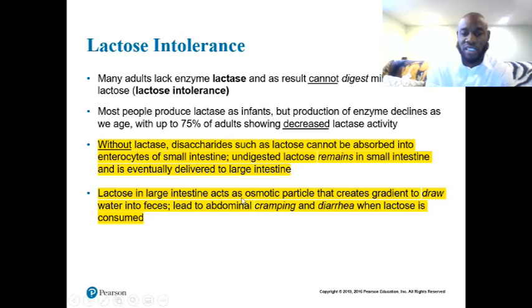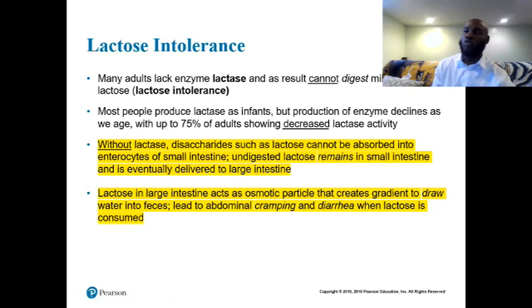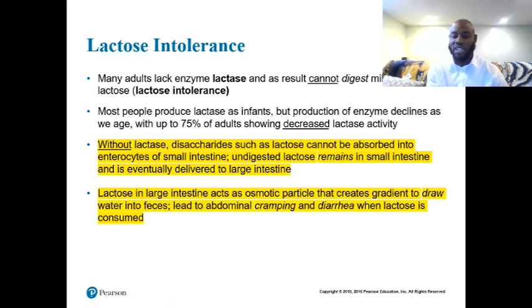Lactose in the large intestines acts as an osmotic particle. If you remember osmosis, it creates a gradient to draw water into the feces, which leads to abdominal cramping and diarrhea. Diarrhea, remember, is having too much water in your feces. Being lactose intolerant can cause that to happen, with more water being drawn.